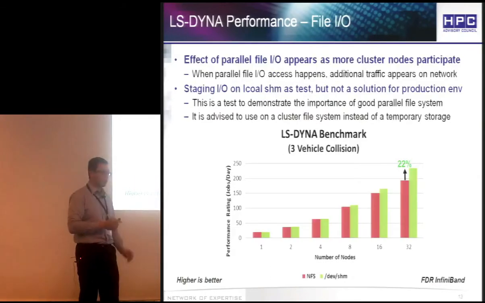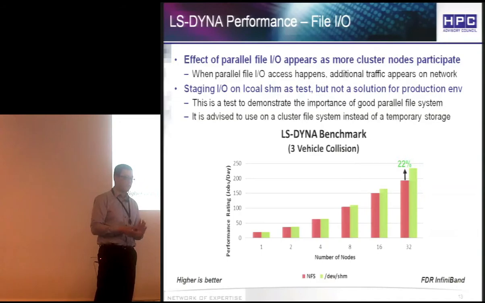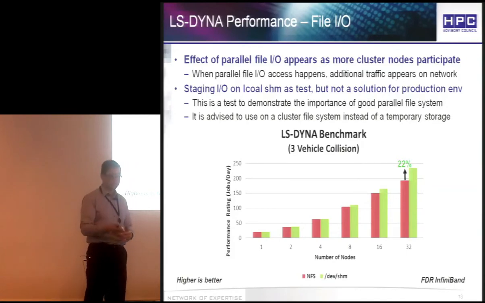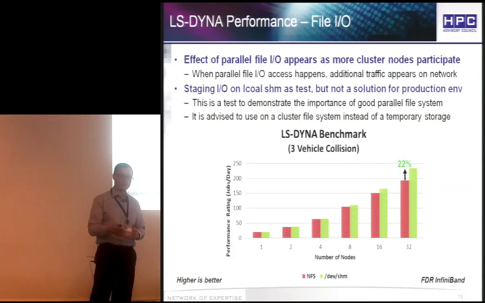Continuing on. For this application and these input data sets, we know that for Lsteiner and free vehicle collision, the I/O part is not great, and I'm going to show you in a subsequent slide from the I/O profiling and the measurement of writes and reads on each compute node. But we know that I/O is not a big part of it.